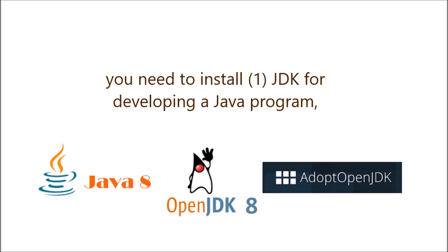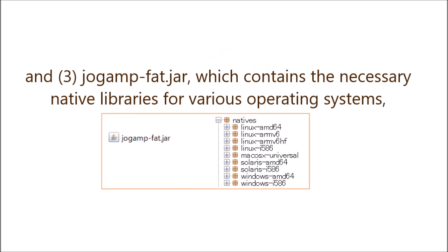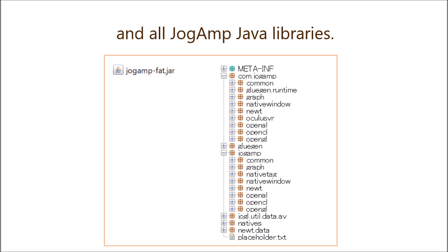JDK for developing a Java program. 2. Java 3D, which contains classes for manipulating 3D objects. And 3. jogamp-fat.jar, which contains the necessary native libraries for various operating systems, and all jogamp Java libraries.